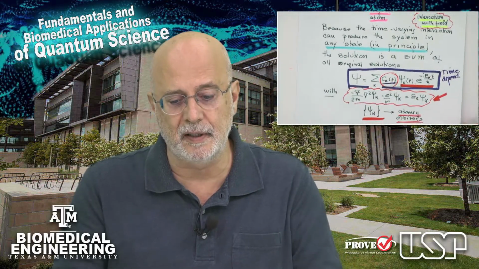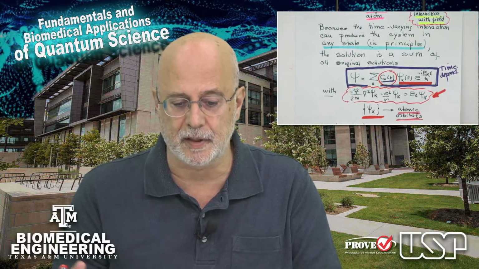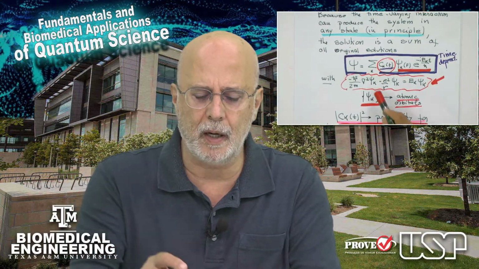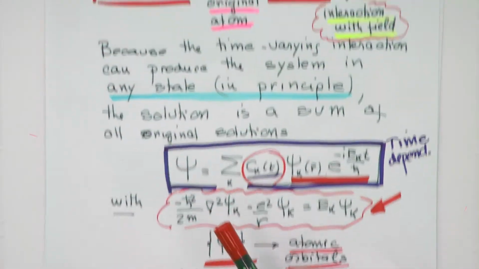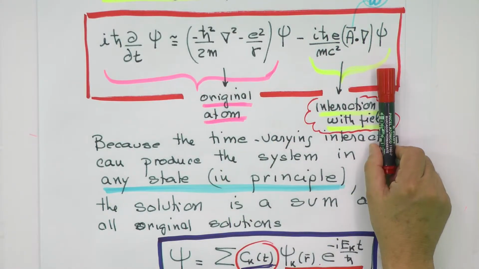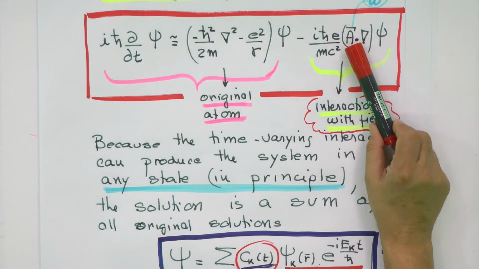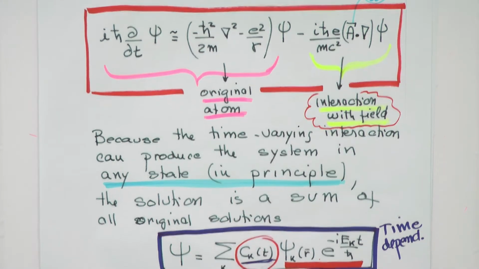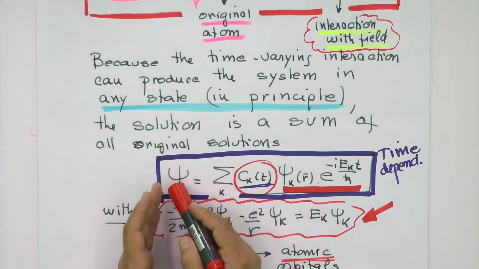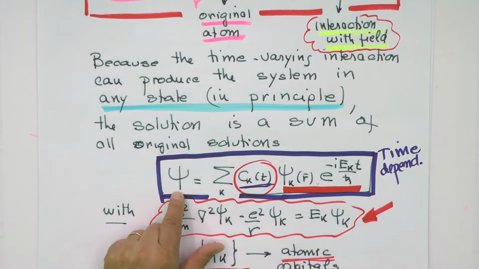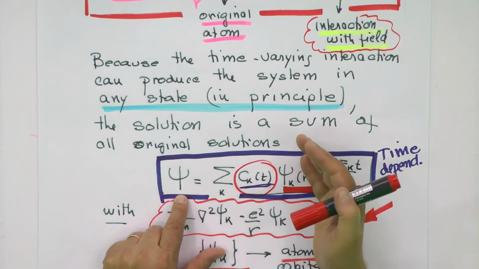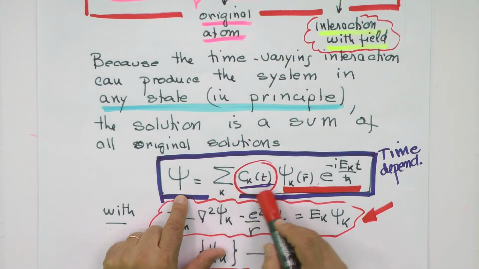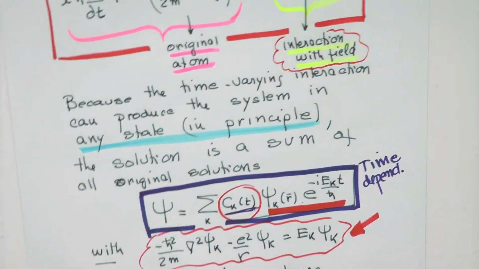Based on those discussions, we were able to propose that the solution for this time equation, remember the vector potential is now time dependent, has to be a sum of functions. Of course, this psi is psi of r and t, and it is a sum of all possible solutions.